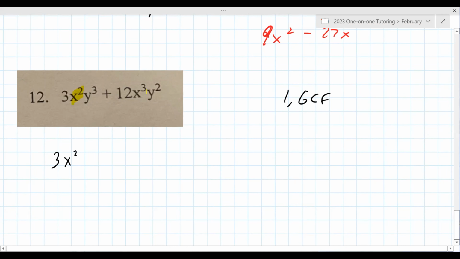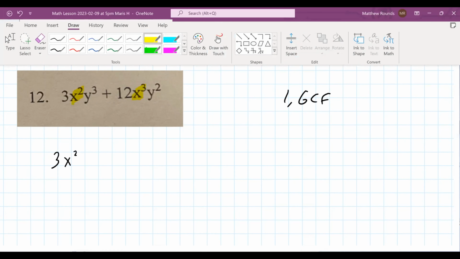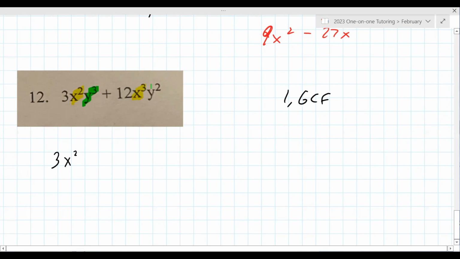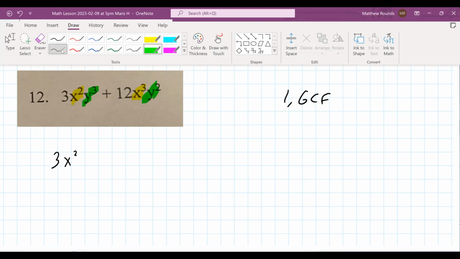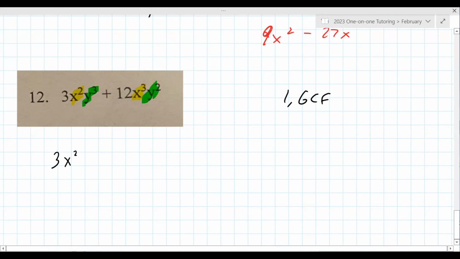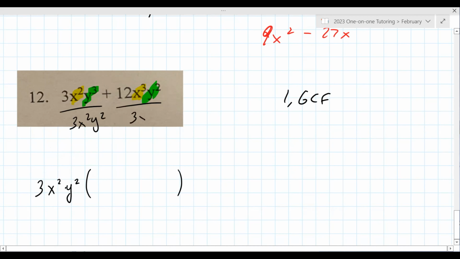I'll probably do another one like this. You look at between the x cubed and the x squared. You similarly have to look at the y's. What's the smallest exponent between them? See how there's a 2 and a 3. You want to choose the smaller one. Okay, so you're going to divide each of these by 3x squared y squared. Tell me what you come up with.